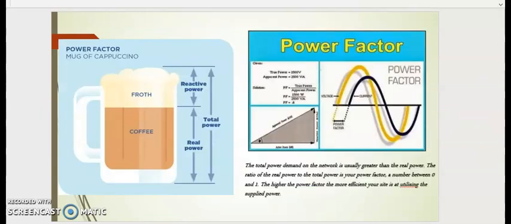Okay, then we go to the power factor consideration of our system, and we have learned about power. We have real power, apparent power and reactive power.